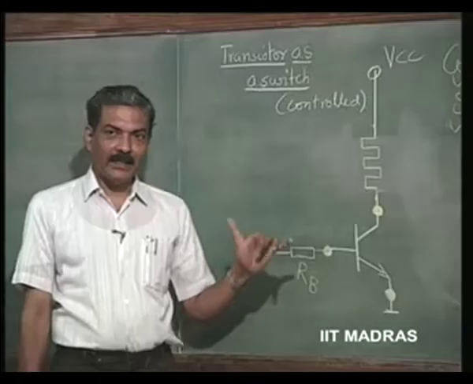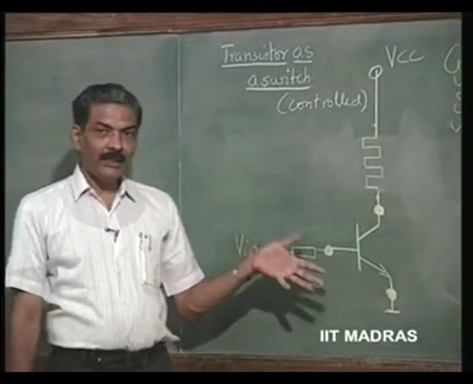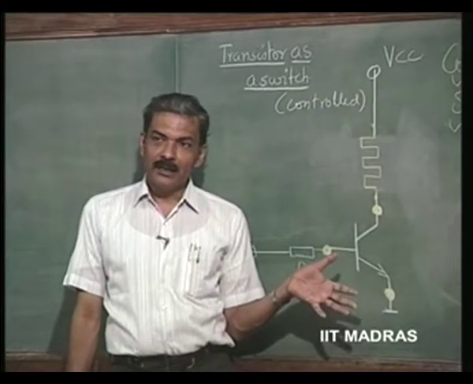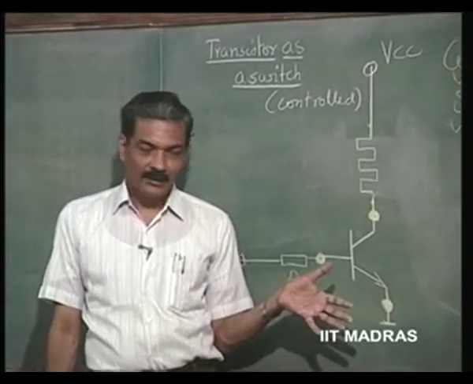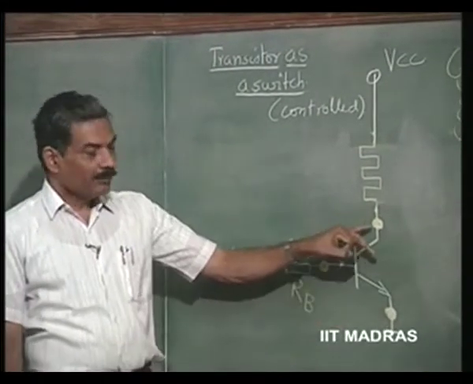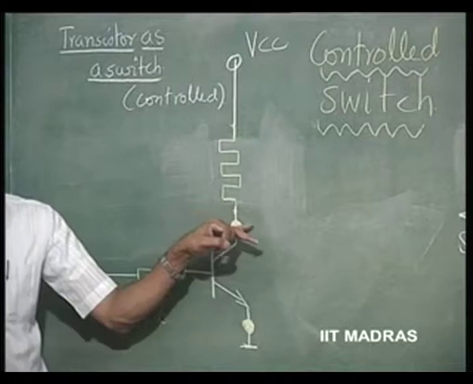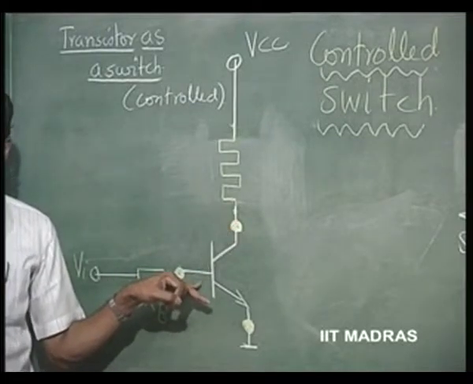Saturation we will now define as a point at which it is violating the transistor action, in the sense that no longer IC is equal to alpha times IE. When does it happen? When the base to collector junction starts getting forward biased. It should be, strictly speaking, reverse biased when we have transistor action.